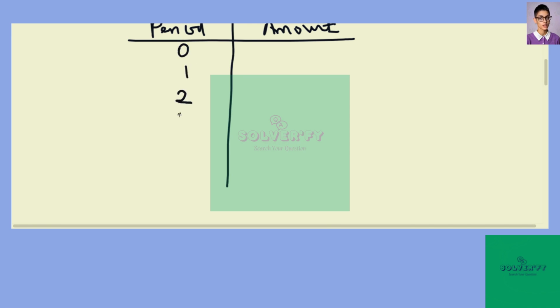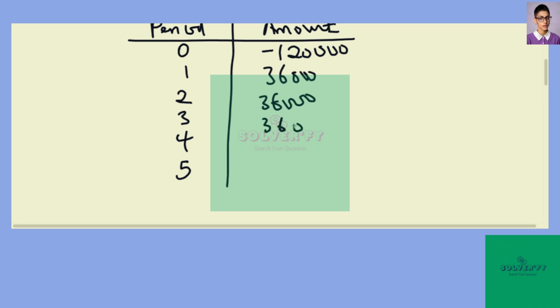For period 0, it's minus 120,000. For period one, it's 36,000. Second period, 36,000. Third period, 36,000.